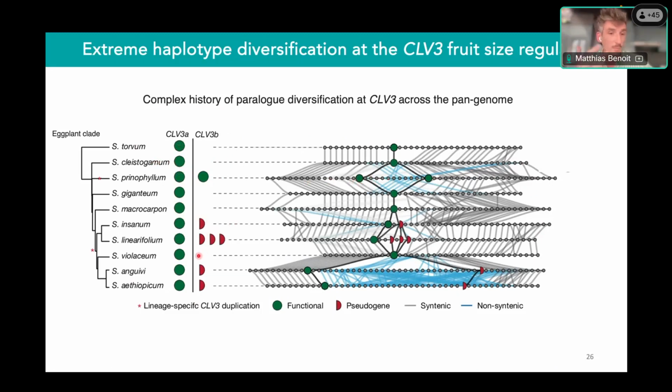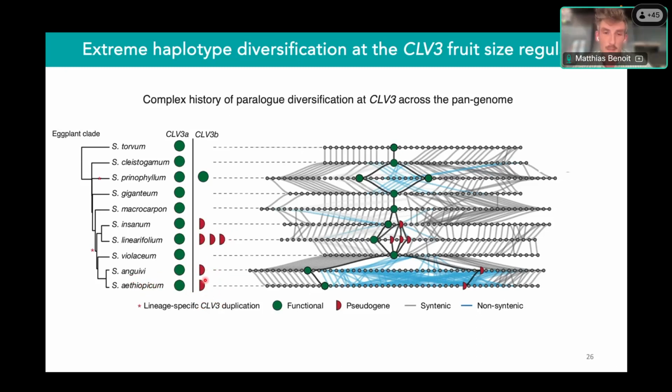And we also have species that present a pseudogenized or truncated version of the second clavata3 copy. For example, Solanum ethiopicum here and Solanum anguivi show a second copy of clavata3 that is pseudogenized, so likely non-functional.